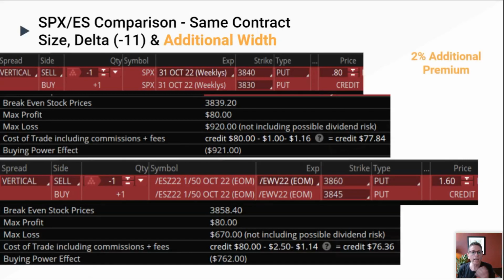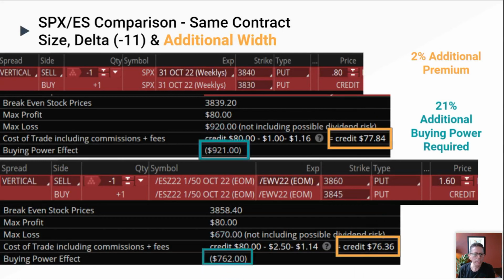The good thing is that it's only $2 additional premium for basically the same amount of credit. And the good part is that it's less margin for using ES. All right, so this basically concludes the webinar for the 0DTE options.